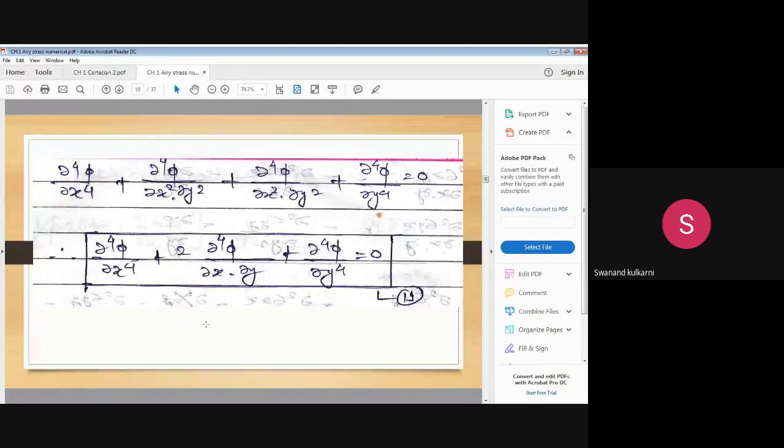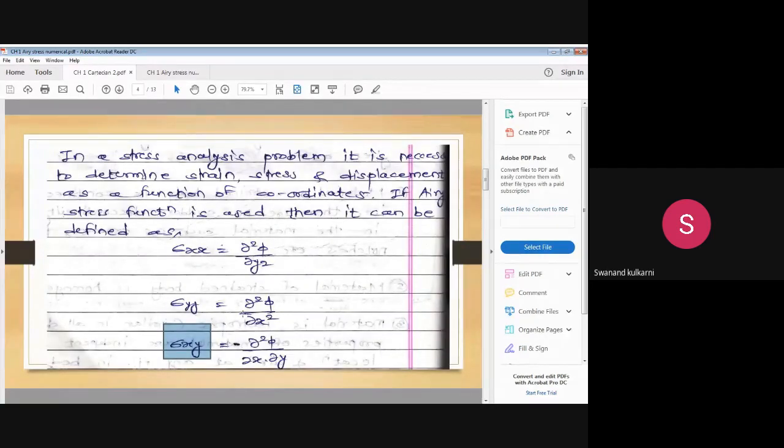Anybody any doubt with this particular equation, Airy stress function? Anybody any doubt? Abhishek Godse is saying that no, sir, there is no doubt. Okay.